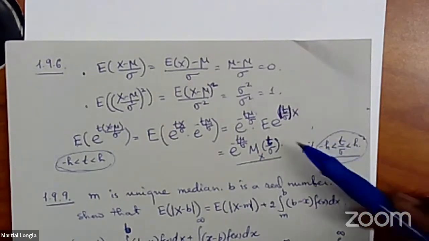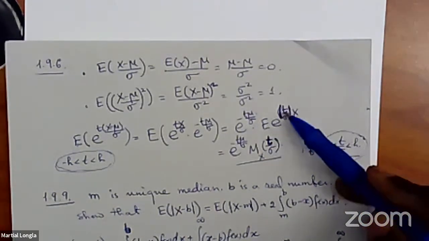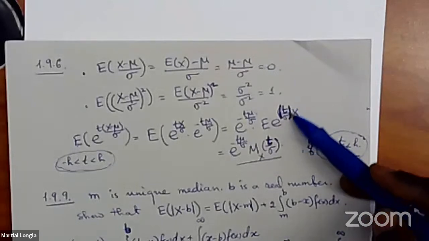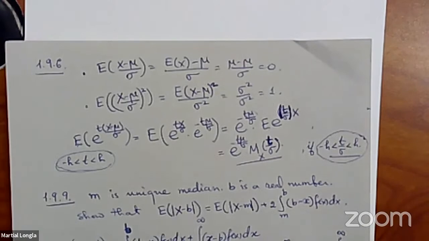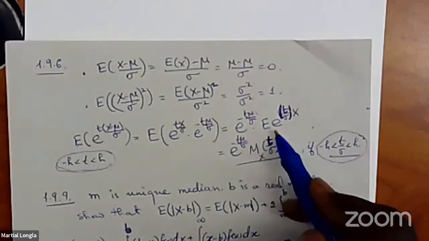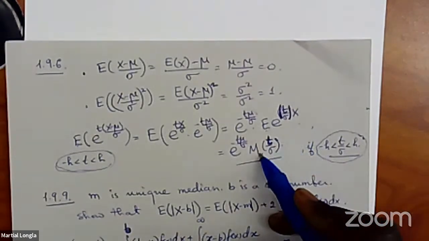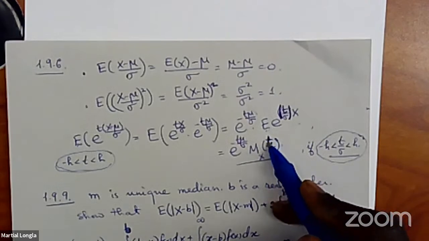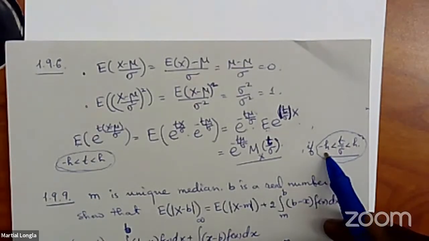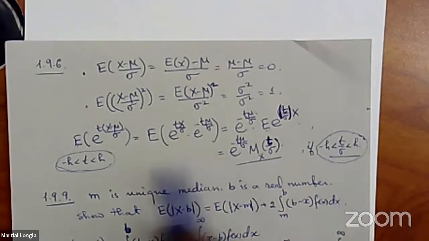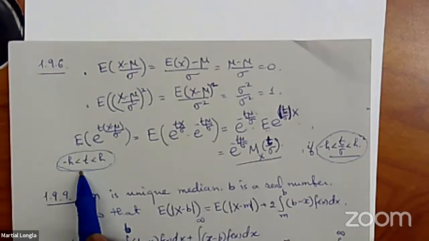And technically, this is the expected value of e to the t over sigma times x, which is exactly the moment generating function of x evaluated at the point t over sigma, under the condition that t over sigma is between negative h and h, because that's where you started for t.